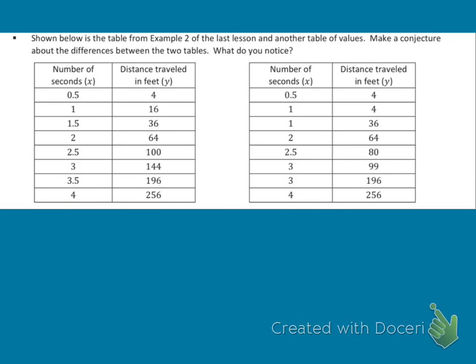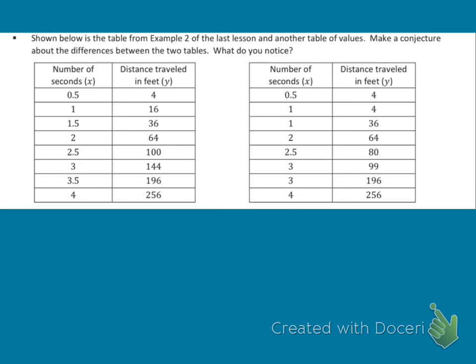On the left is that table, and on the right is a slightly different table. Both of these give the number of seconds that the stone has been falling and its distance traveled. And over here, once again, some different time values and then the distance that the stone has traveled.